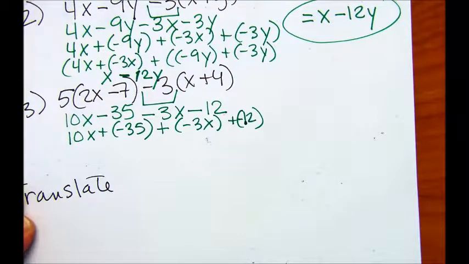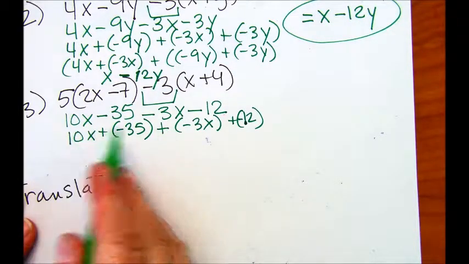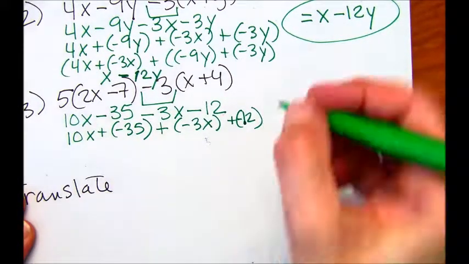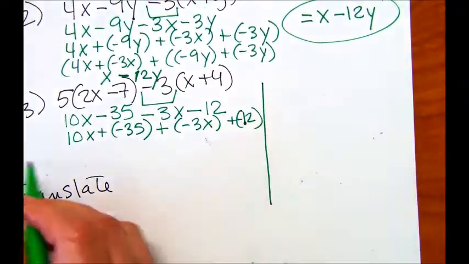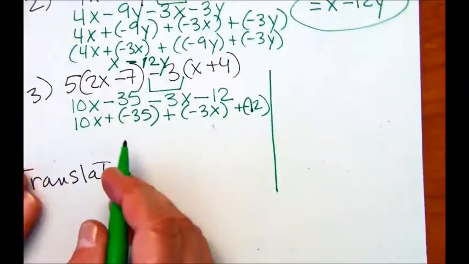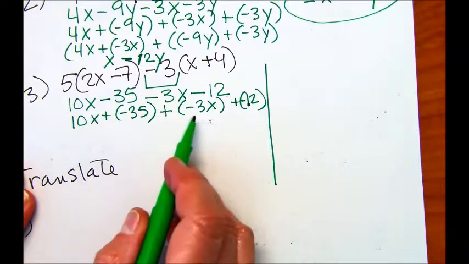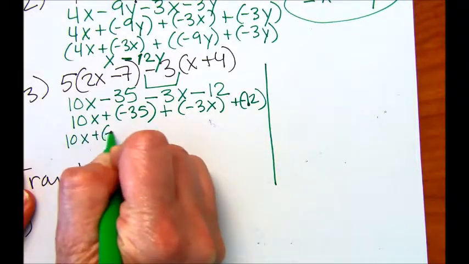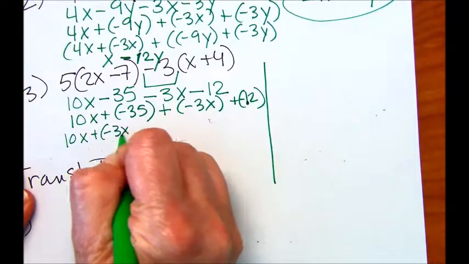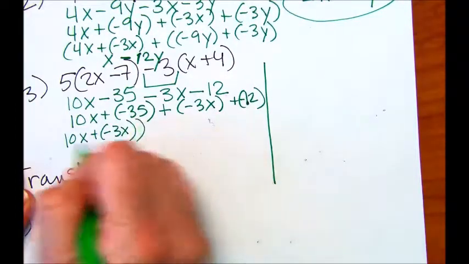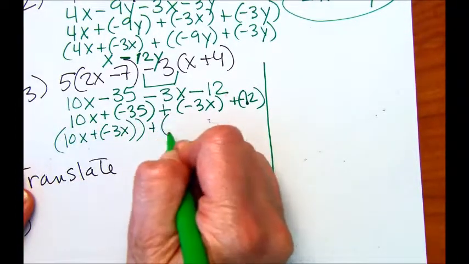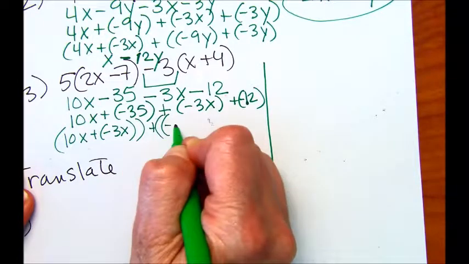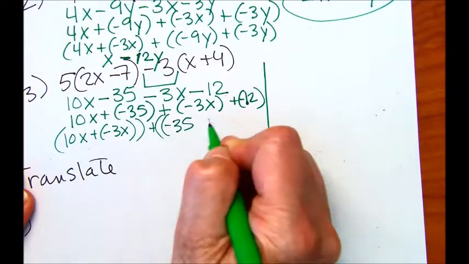Now, you didn't necessarily have to do it that way. You could have just moved the terms next to each other, and I'll show you that here in a minute, but let me finish it this way and then I'll show you another way. So now I'm going to put my x's together, so 10x plus negative 3x, and that will be one group, and then my negatives are going to be here on the right.